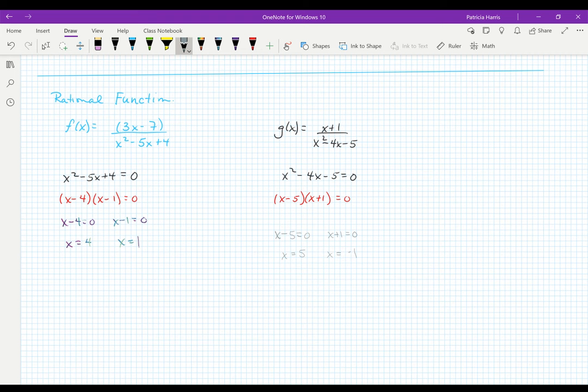Now, so what this tells you is x cannot equal, for the first one, x cannot equal 4 and 1. For the second one, x cannot equal 5 and negative 1. Okay? So now, this one is asking you for domain. Okay? This one is asking you for vertical asymptotes.